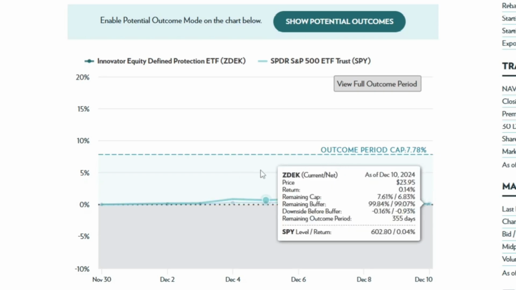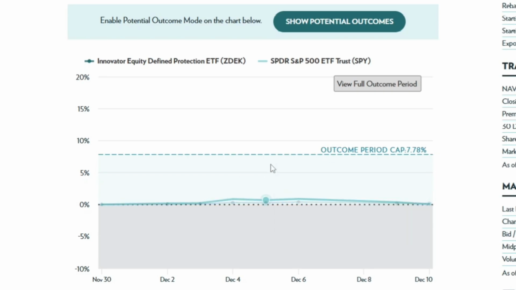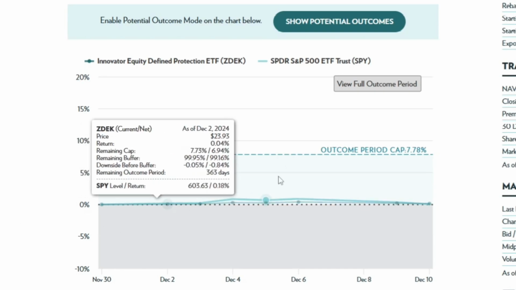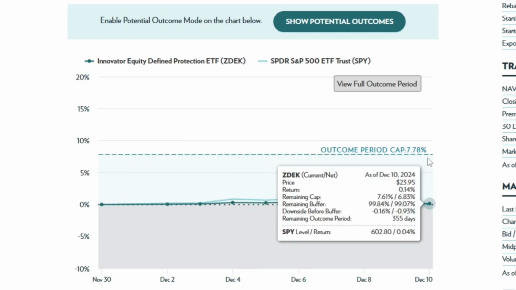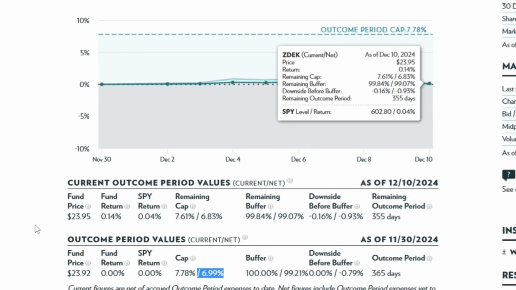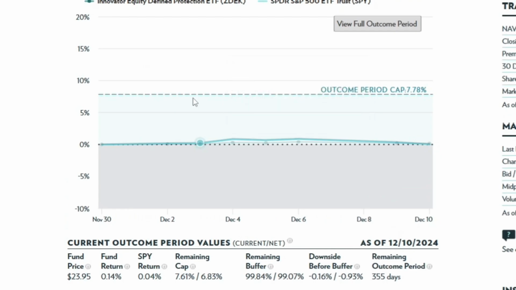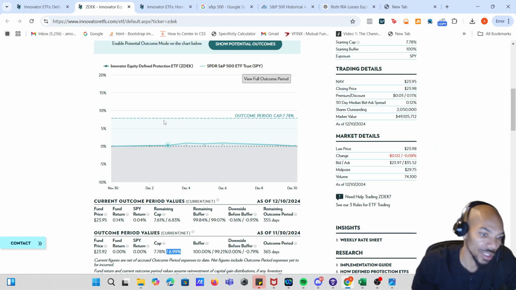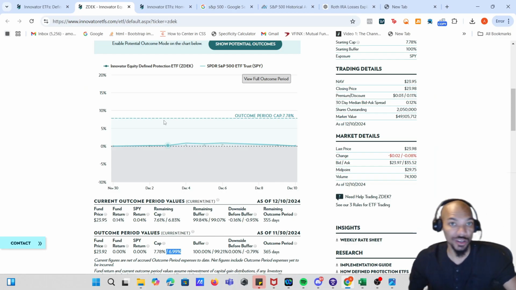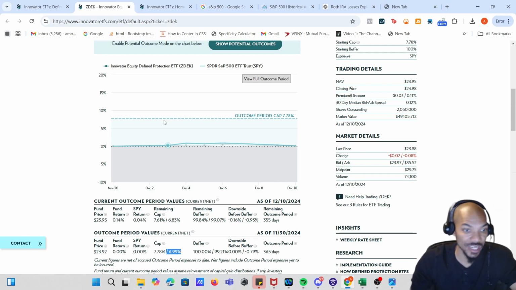So if the S&P goes up 6, you'll get 6. If the S&P goes up 5, you'll get 5. So you'll pretty much mirror exactly what the S&P gets until you reach that cap. But on the flip side, if we have a really bad year, you pretty much break even. You don't lose any money. So if the S&P has a bad year, let's say down 10 or 20%, hey, risk free.